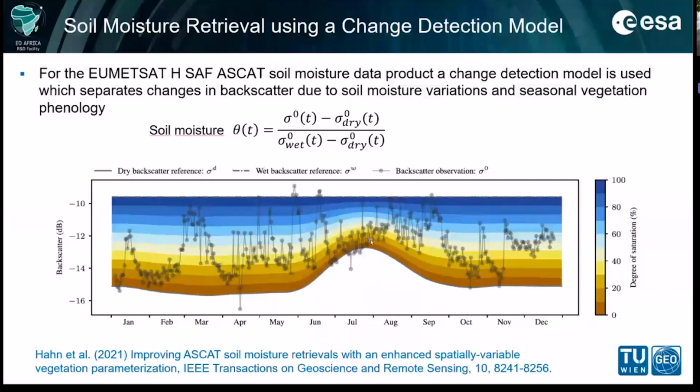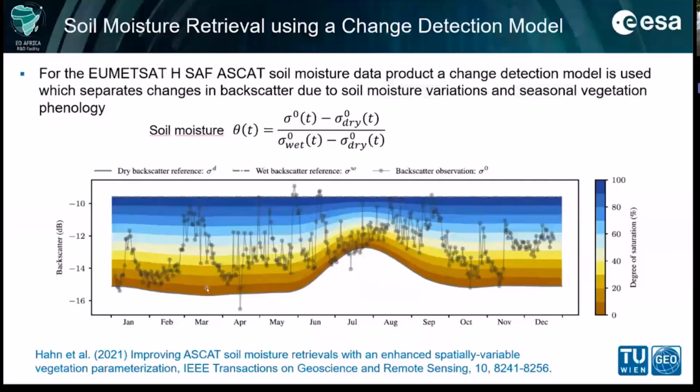So this graphic illustrates, for example, that we observe a certain maximum measurement, say around -9 dB, and we see minimum measurements during the dry season with low vegetation around -15 dB. Then a measurement around -12 dB would be medium wet conditions.